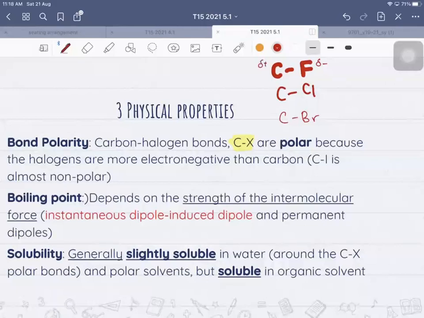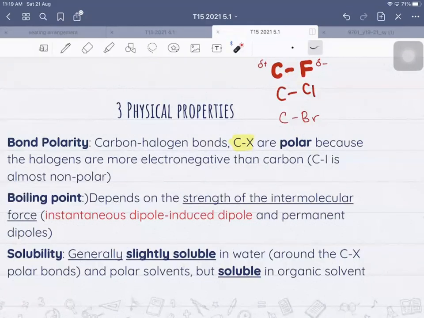The reason for this is because there is a difference in electronegativity. Fluorine has a stronger pull towards the bonding electrons that are shared between carbon and fluorine. So the bonding electrons are not exactly in the middle, but much closer to the fluorine. That's the idea of electronegativity.